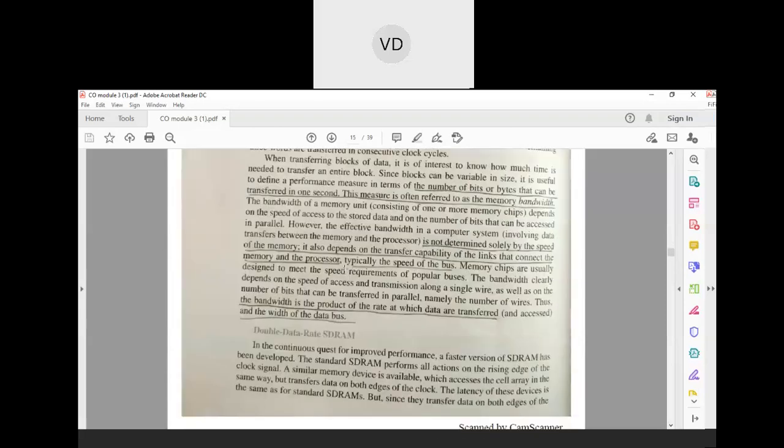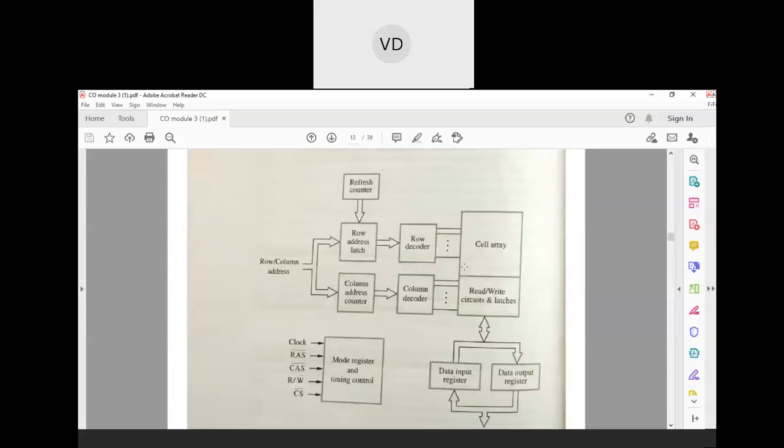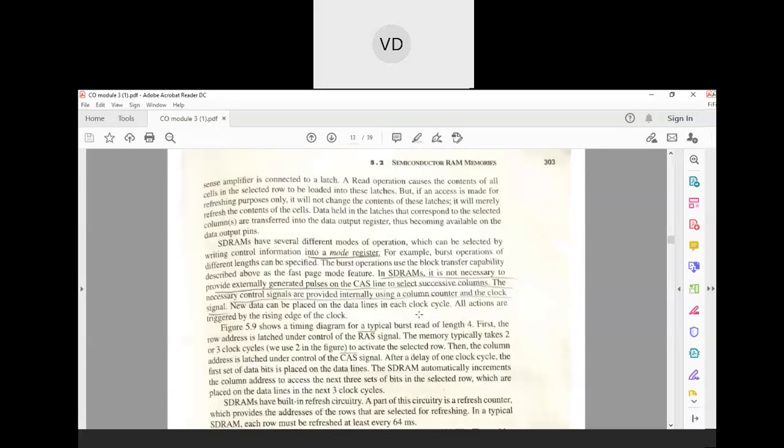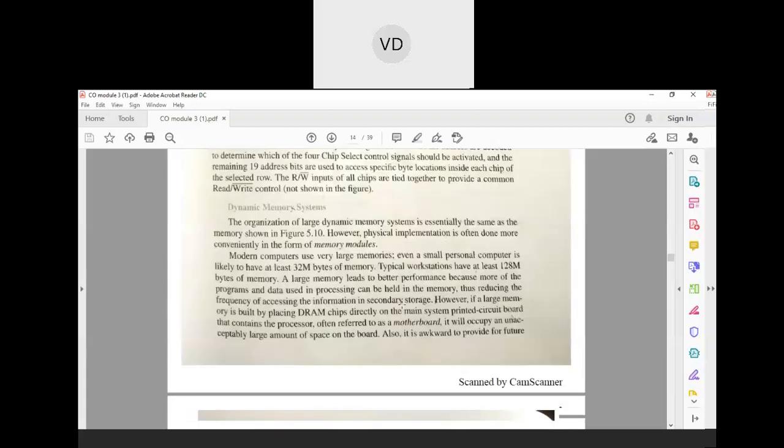Next we are going to see the structure of larger memories. Whatever we have seen until now was very small, for example 4K into 4K, or 128 into 8, 16 into 8. Very small memory organizations. But the same organization can be used for a huge amount of memory.